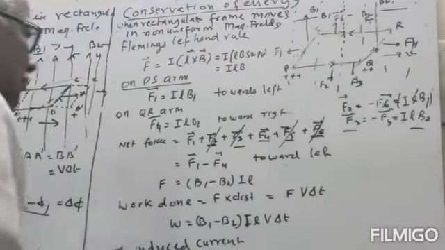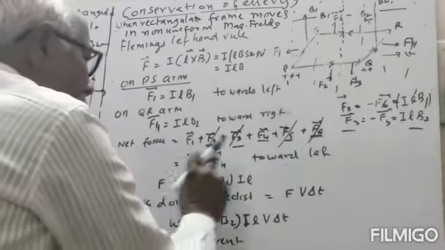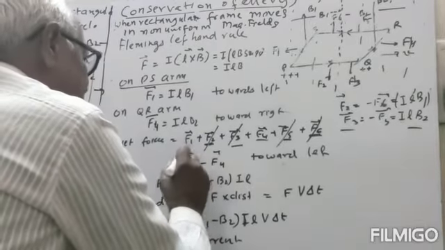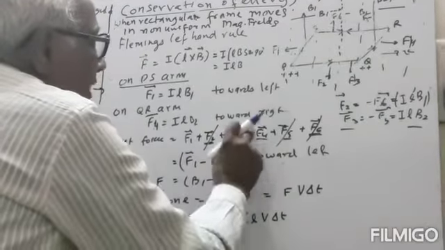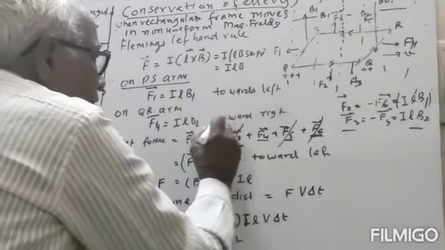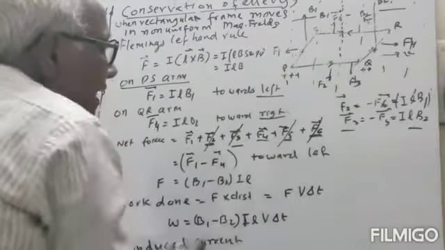And F4 is in the opposite direction, so the net force will be F1 minus F4, because F4 is towards the right and F1 is towards the left.